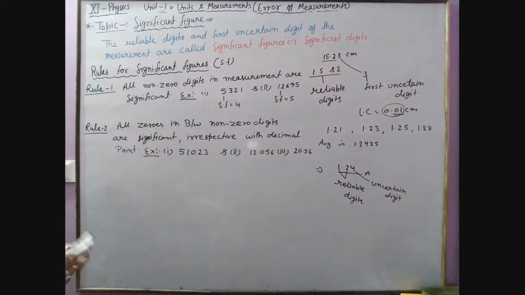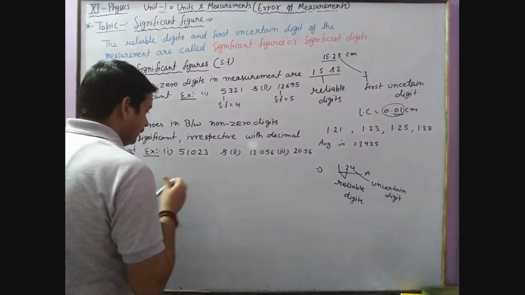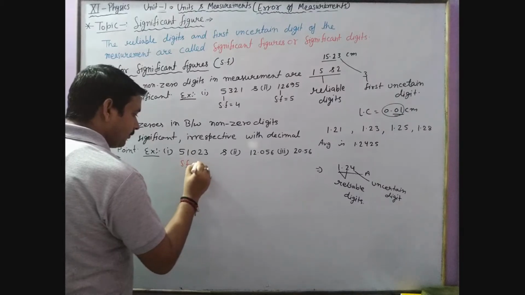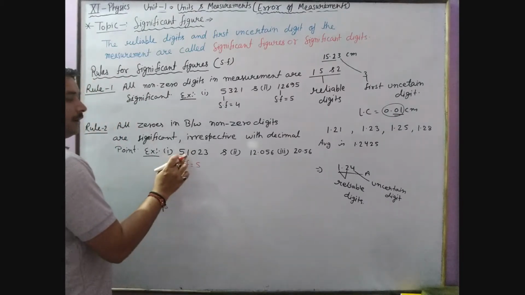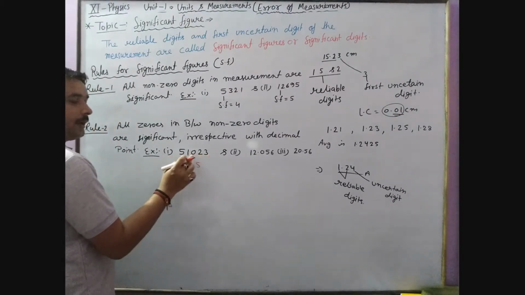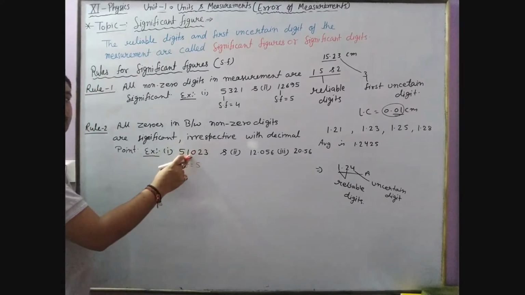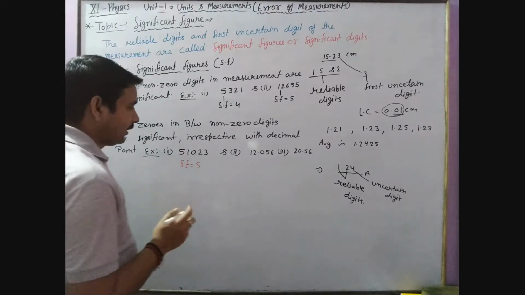Okay, here the significant figures are 5 because 1, 2, 3 and 4, and there is a 0 in between. According to the rule, this can be counted as a significant figure.